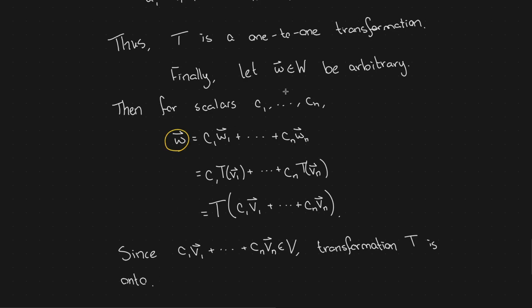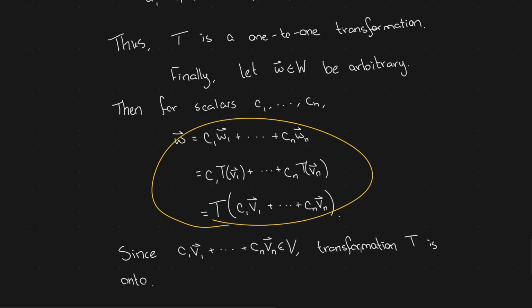The only thing special about vector w is it was in vector space W. And so any vector in the vector space, this holds true for. Okay, and if it's true for any vector in the vector space, that means transformation T is onto. I can map some vector in vector space V onto every other vector in vector space W.